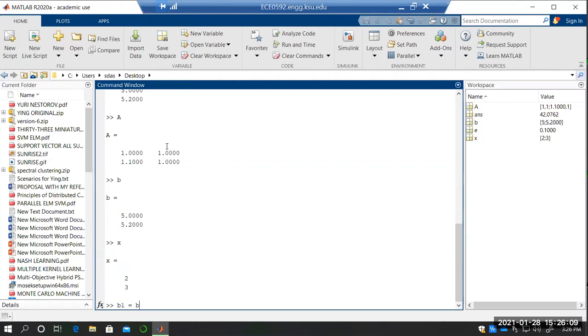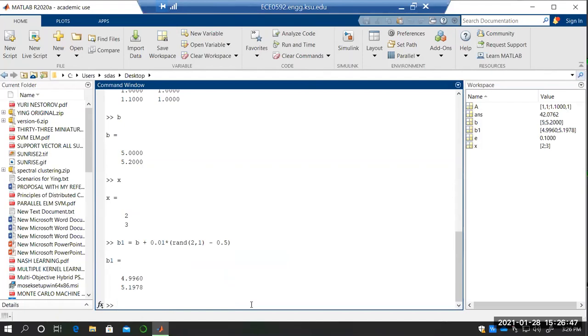What I'll do is let me add a little perturbation to B. B1 equals B plus 0.01 star a random 2 by 1 vector, minus 0.5, so that it's discrete. So this is my B with my error.